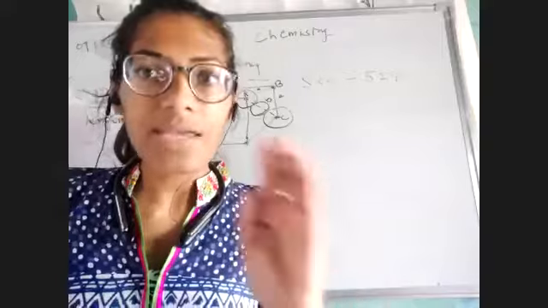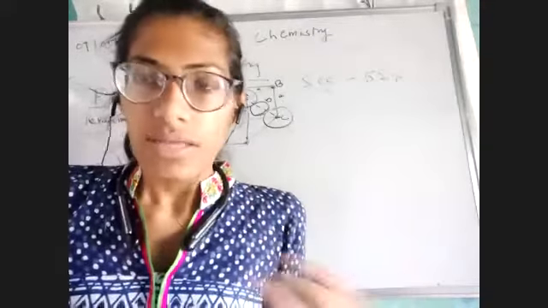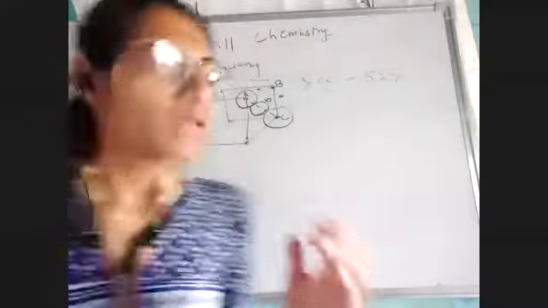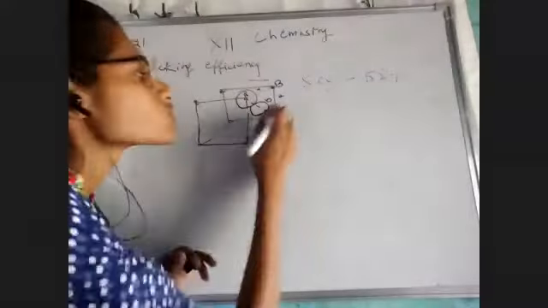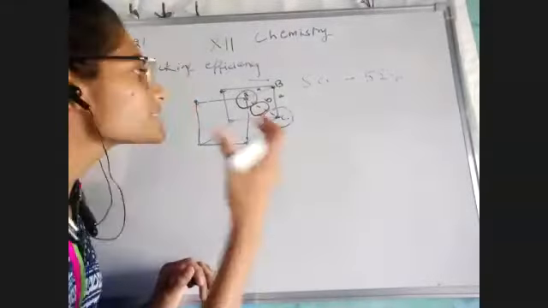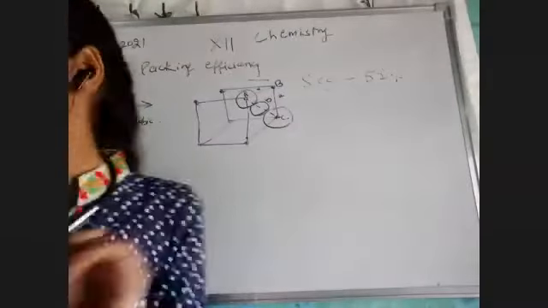It could be an atom, a molecule, or an ion. And an atom in chemistry is represented by a solid sphere. So there is a solid sphere which represents the atom on the corner.